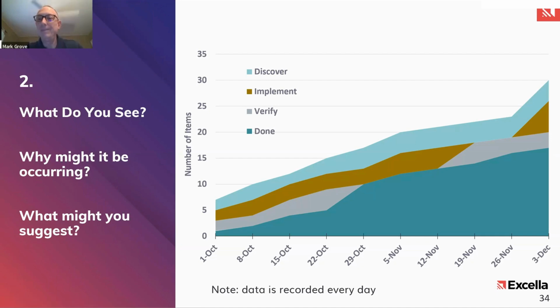But what I see is that implementation is completely at a full stop, and then we see verification happening, the same pattern we see between October 29 and November. So what's going on? There is no QA work being done. Why are things not moving into done when development was happening? So some questions over there.